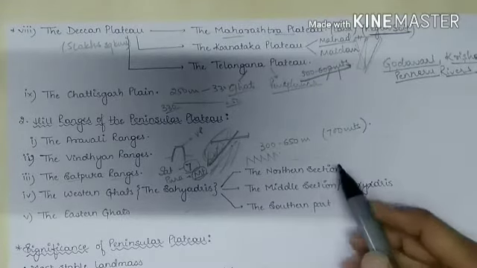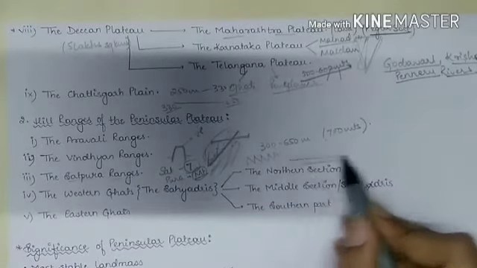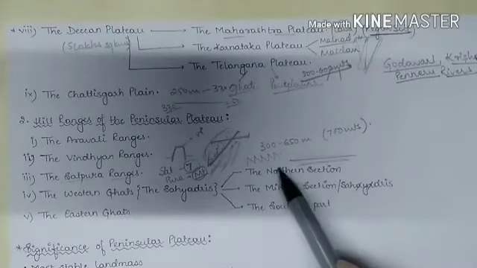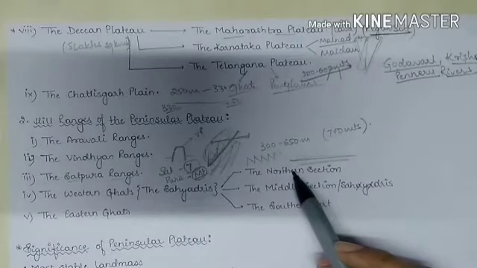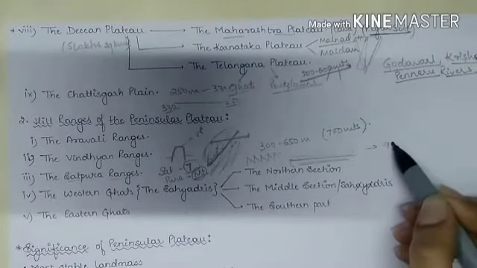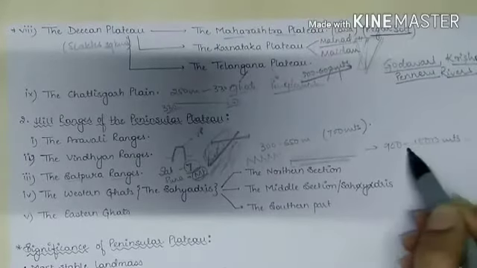The elevation of these hills is about 900 to 1000 meters.